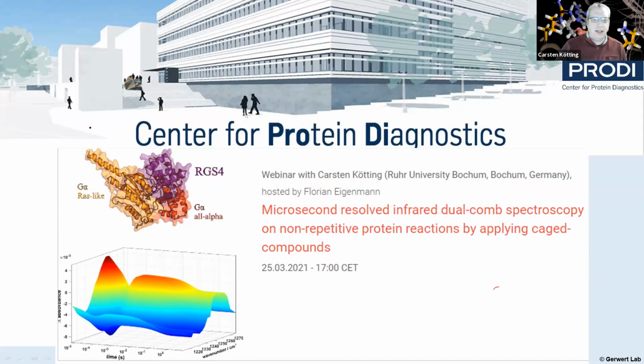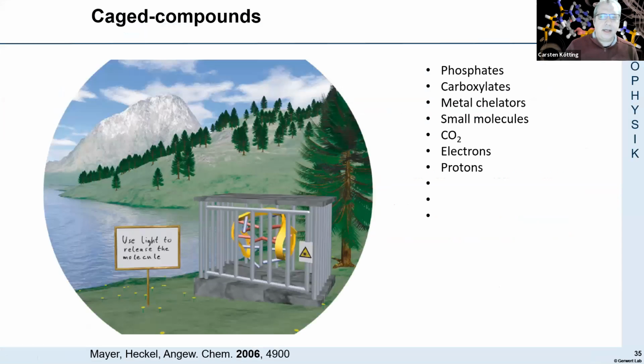Most biophysicists, including me, like to work with proteins which do something with light, which have a photocycle, like the rhodopsins. But if you look into your body, most proteins will do nothing if you shine light on them. And obviously, they are also very interesting to look at. And if you want to do that, you can use cage compounds. Cage compounds are molecules which are somehow caged.